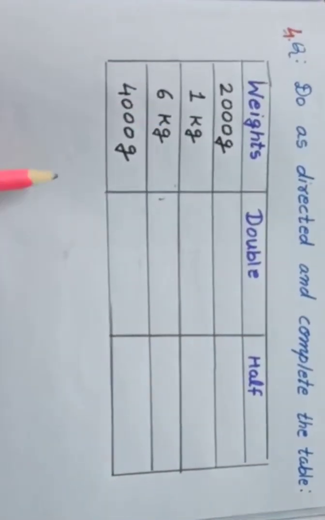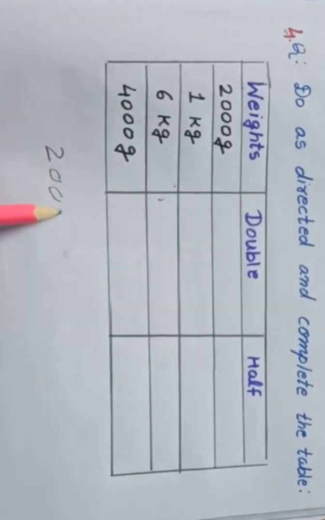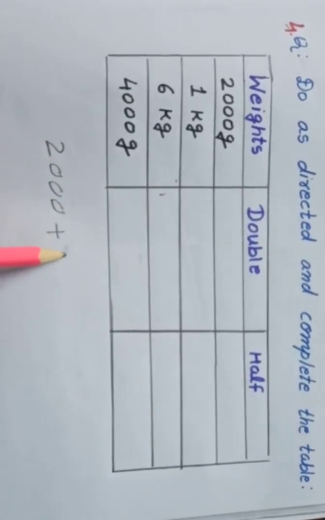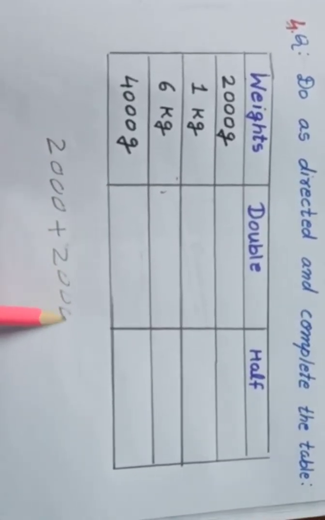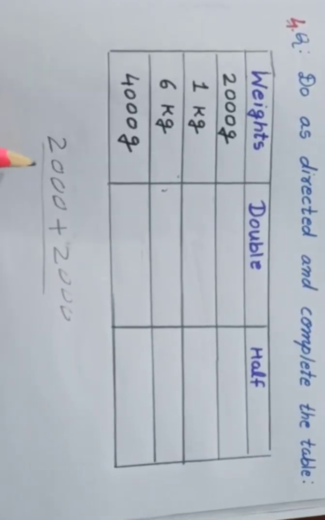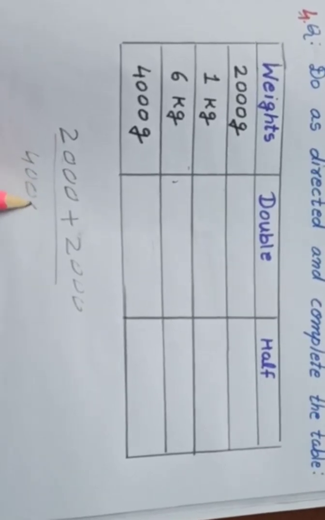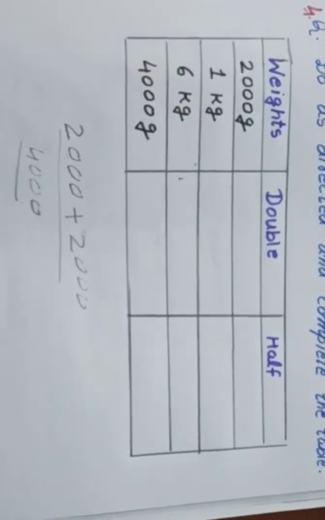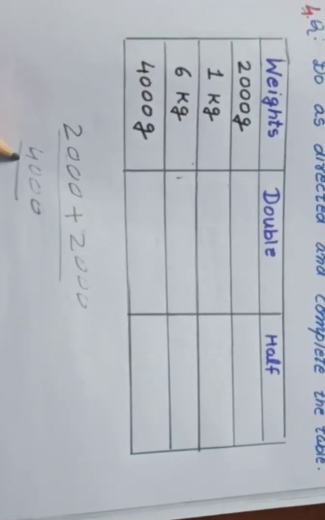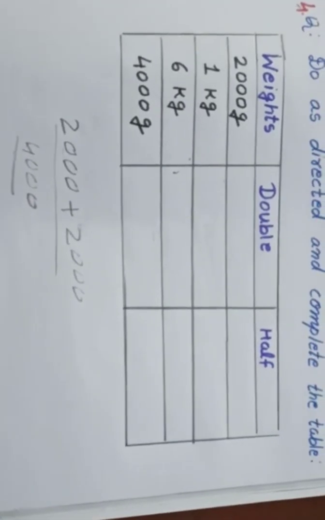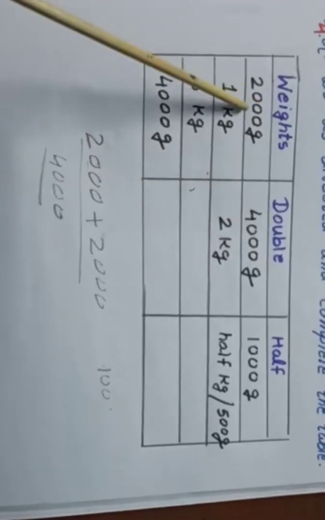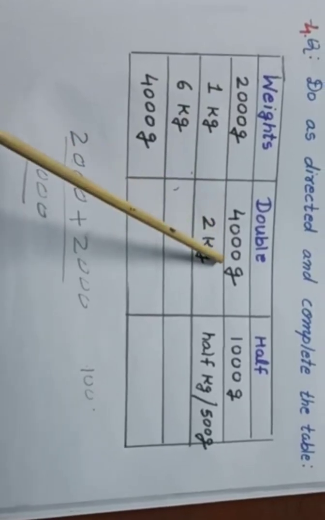Here is 2000 gram and we add 2000 more to make double. So 2 plus 2 is 4 and we put the zeros. So we write here 4000 gram. So double of 2000 gram is 4000 gram.